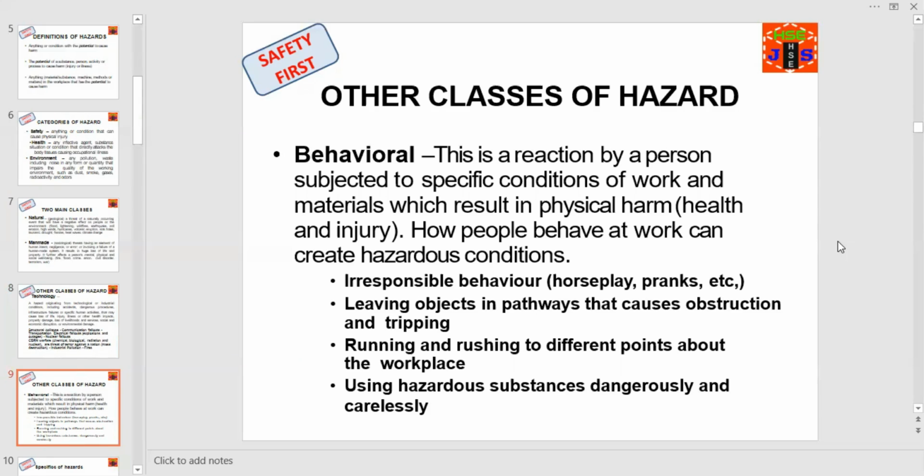For example, irresponsible behavior, horseplay, pranks, etc., leaving objects in pathways that cause obstruction and tripping, running and rushing to different points about the workplace, using hazardous substances dangerously and carelessly. These are a few examples of behavioral hazards.